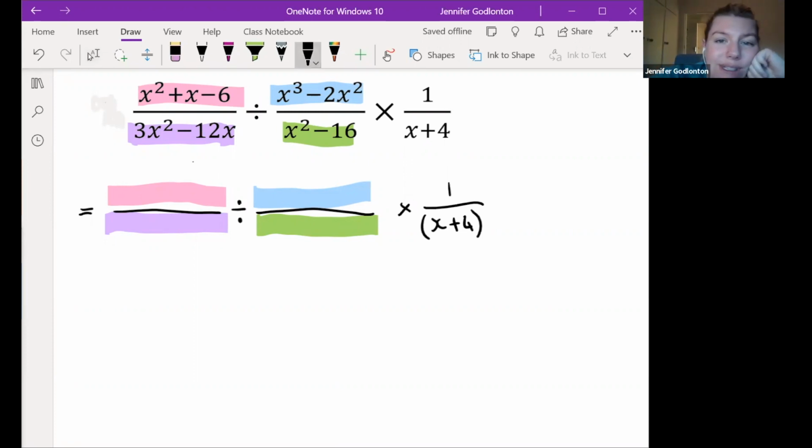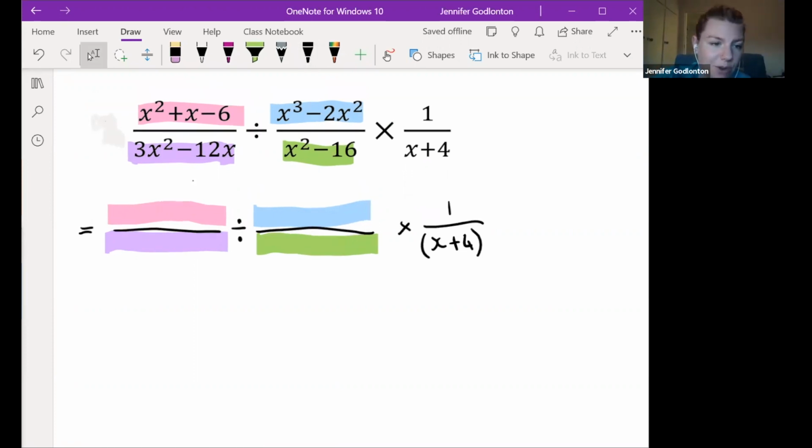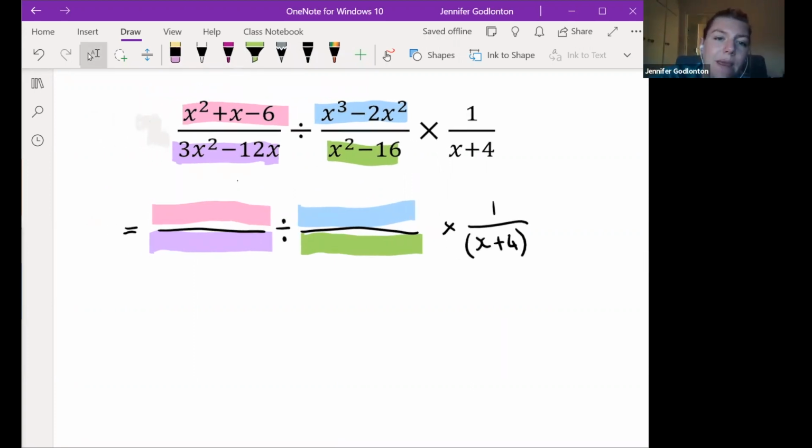Okay, so the first step is that we've got a trinomial happening up here. So I'm just going to do it over here. Now it's a nice, easy trinomial because there's no coefficient of our x squared. So we can just look at our factors of 6. So we've got 1 and 6 and 2 and 3. How are we going to get positive 1?